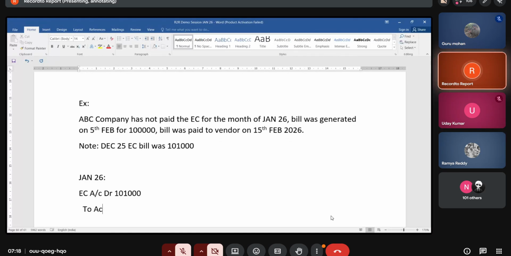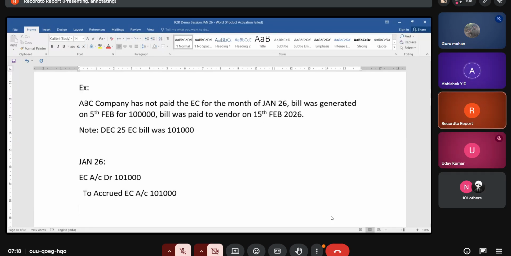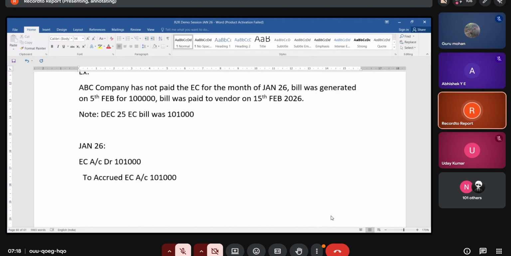To accrued electricity charges. Abhishek, whenever you are attending, try to be on mute, man. So electricity charges account debit to accrued electricity charges.